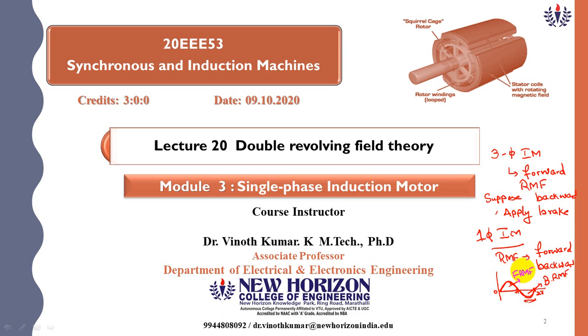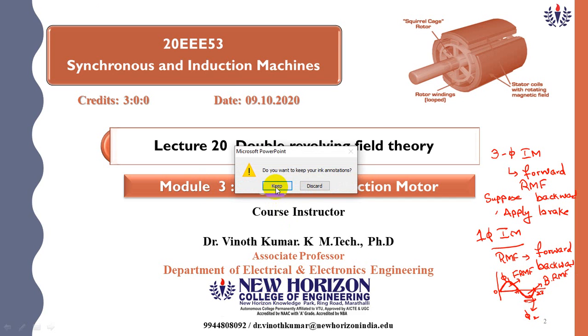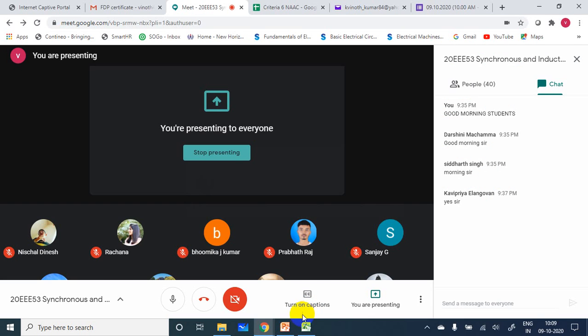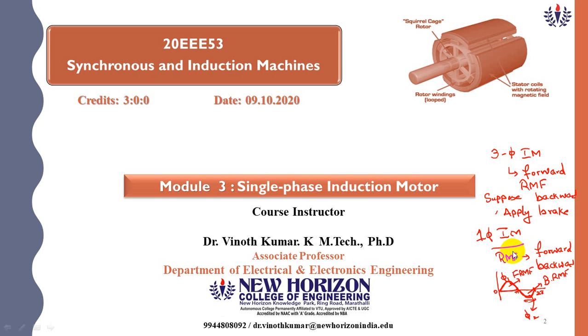In forward rotating one flux is produced, and in backward rotating another flux is produced, phi 1 and phi 2. This concept is known as double revolving field theory.